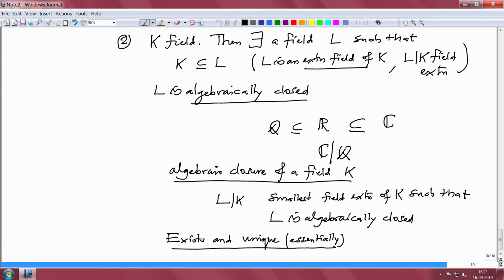This is again a theorem for which I recommend you see my course on Galois theory. This is proved there, NPTEL, January to April 2019.